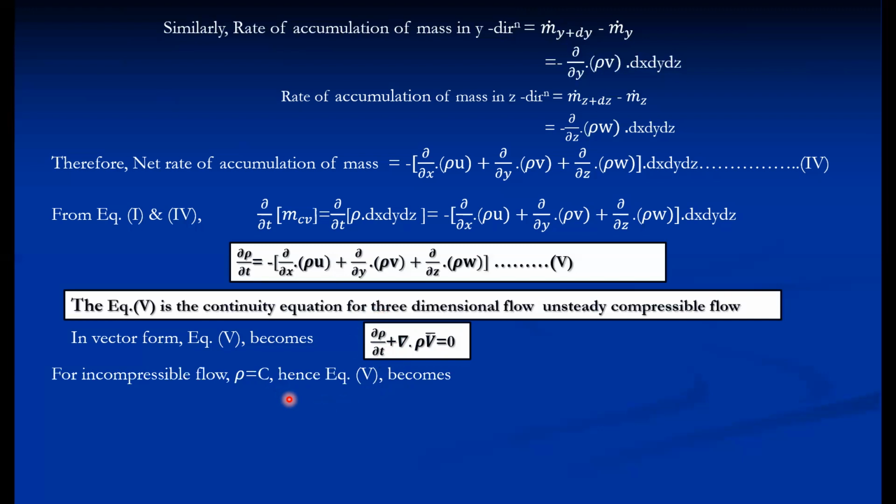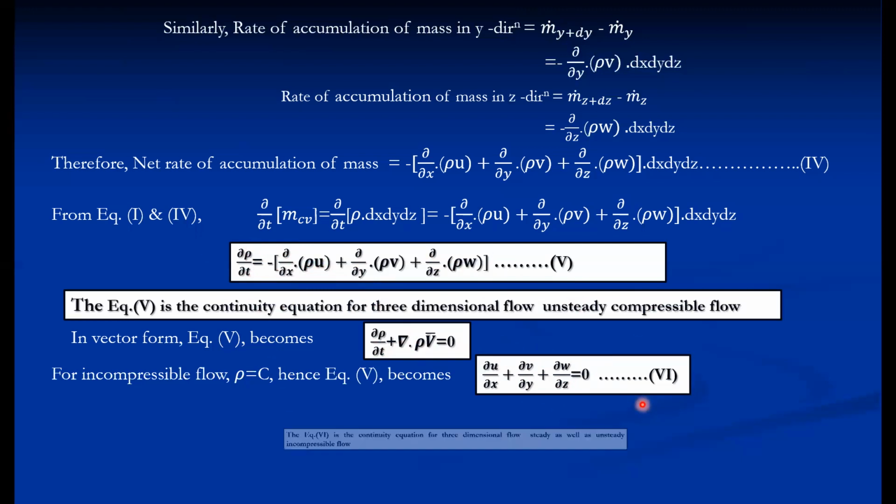Hence equation 5 becomes: rho we can take outside the bracket, equating to 0, and we can eliminate rho from both sides, and the minus sign also. So that is ∂u/∂x plus ∂v/∂y plus ∂w/∂z equal to 0, or we can say del dot v bar equal to 0.